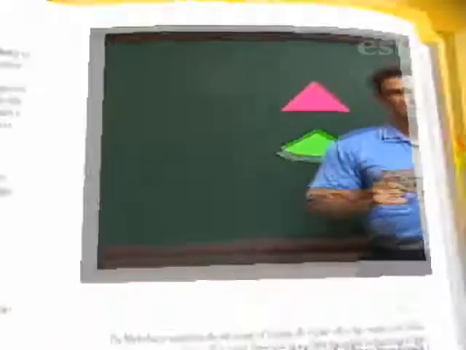Let's go and review. Okay, shall we review? What did we learn today? We learned about regular and irregular shapes. We learned that there are 2 kinds of shapes, regular and irregular. We learned that a regular shape has equal sides and equal angles.